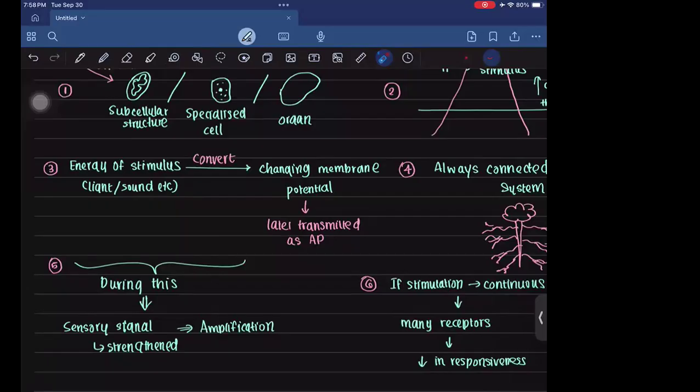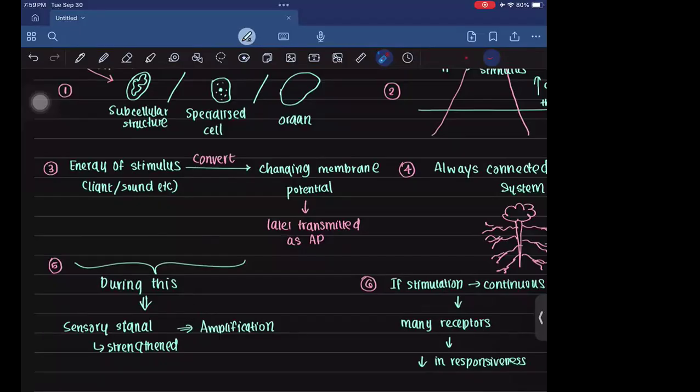That's what the sensory receptors are going to do here. The sensory signal which has to be transmitted to your central nervous system can be exaggerated, can be strengthened, and this process is known as amplification. Okay, so during the conversion of stimulus energy into action potential, the sensory signal can be strengthened, and this process is known as amplification. That's the fifth characteristic of sensory receptors.